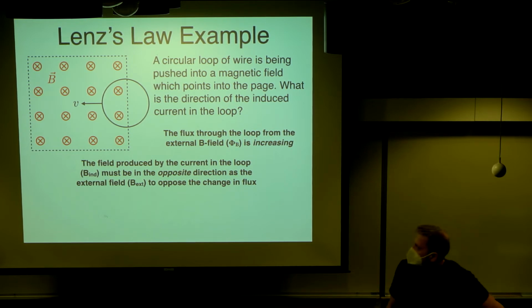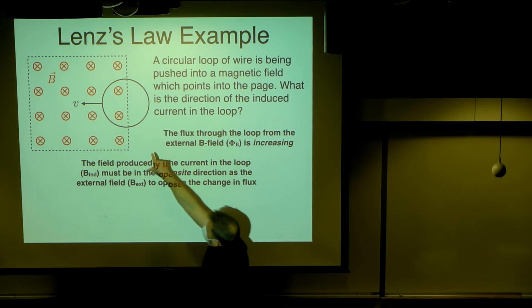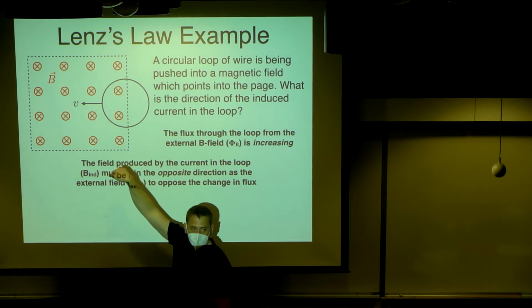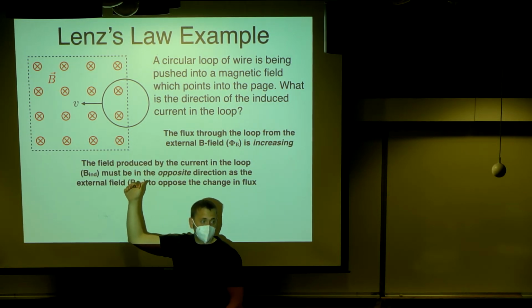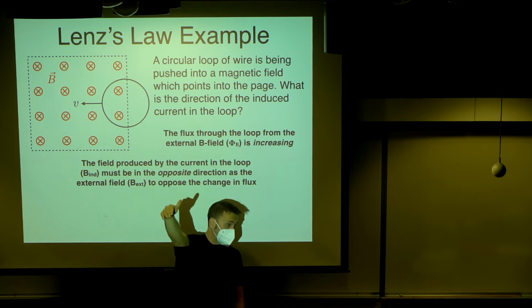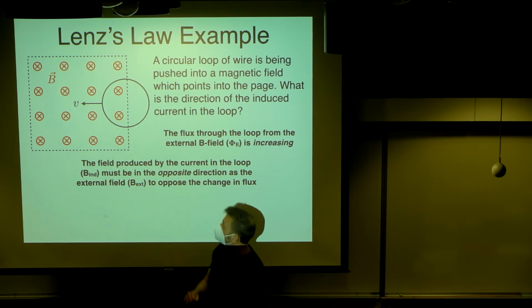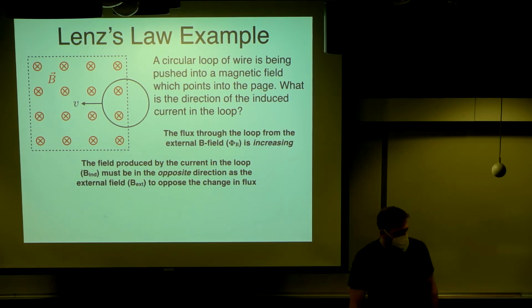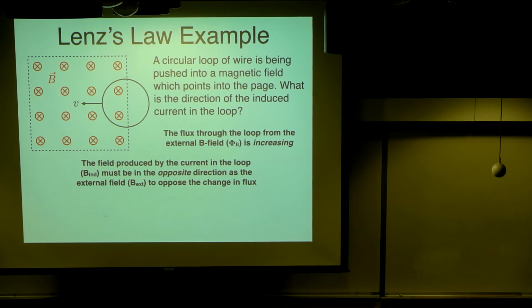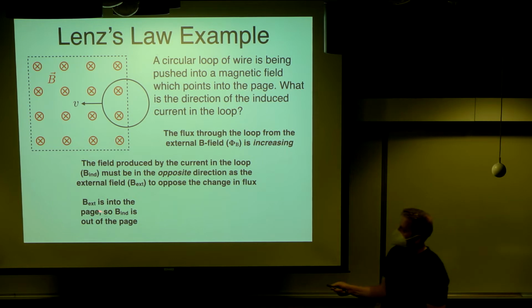Because the idea is, if we have more and more field lines going through this loop that are going into the page, to oppose that change, we want to create some field lines coming in the opposite direction, out of the page, right? So the induced B field is out of the page. So, we good on that so far?